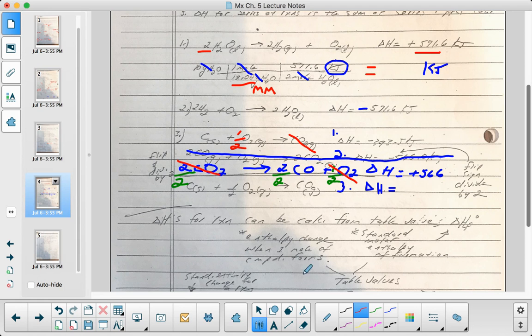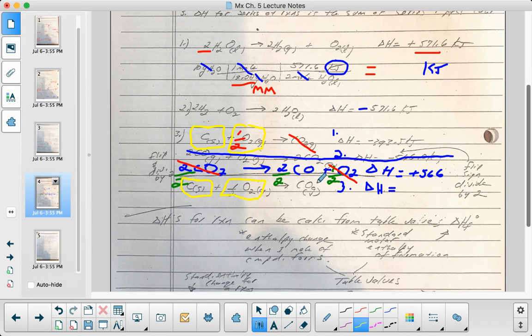Okay, so now I'm just going to pull down whatever's left. The carbon is left. There it is in my final. There's half of an oxygen left. There it is in my final equation.